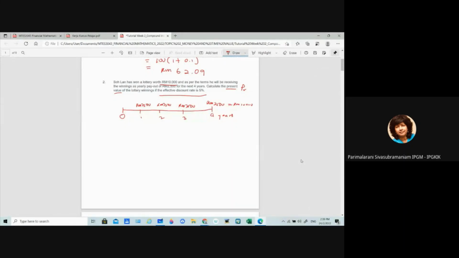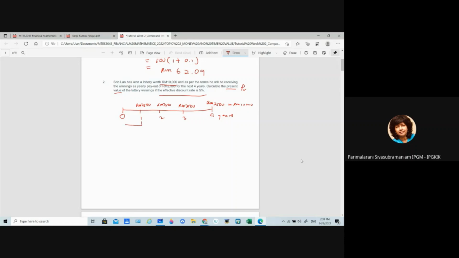So he actually won 10,000 today, but he is being paid 2,500 over the years. Although it totals up to 10,000, we want to calculate the present value and see if it's really worth 10,000 today. Because as you know, the worth of money changes over time. So in 4 years, 2,500 may not be the same value. That is why we want to calculate the present value, okay?